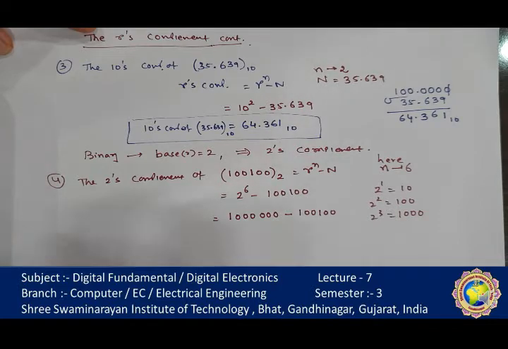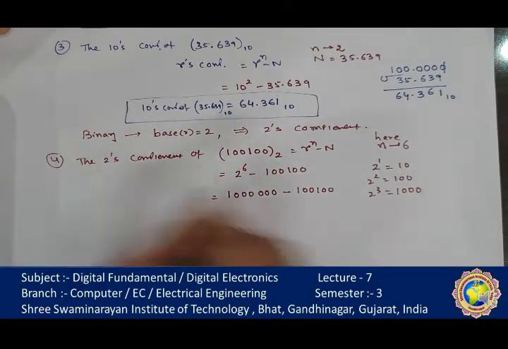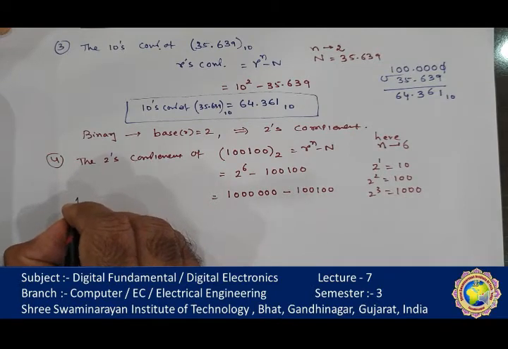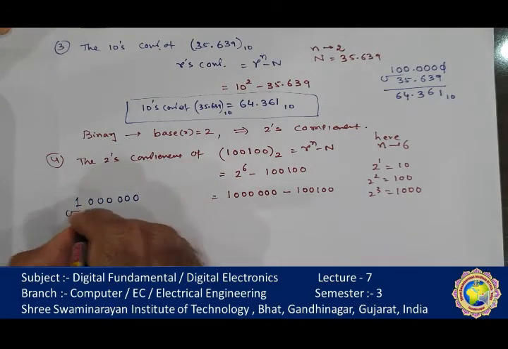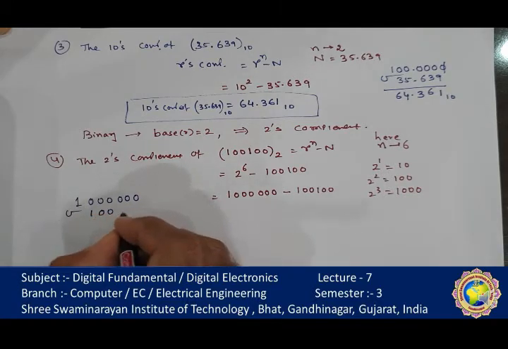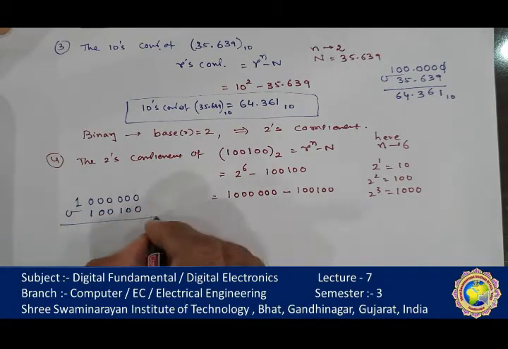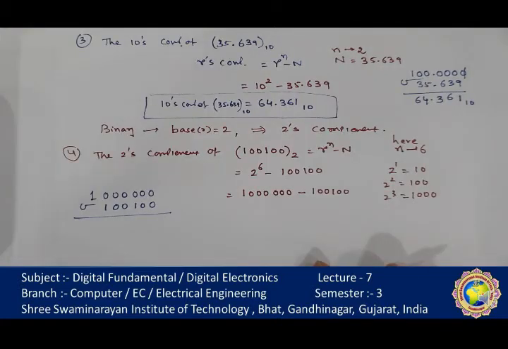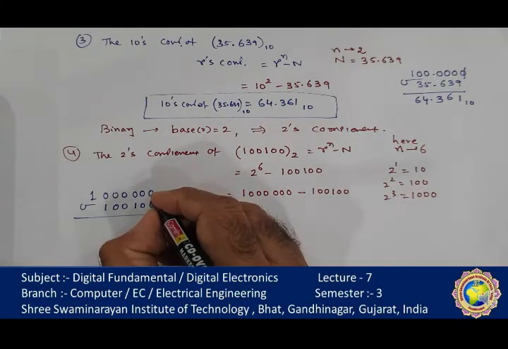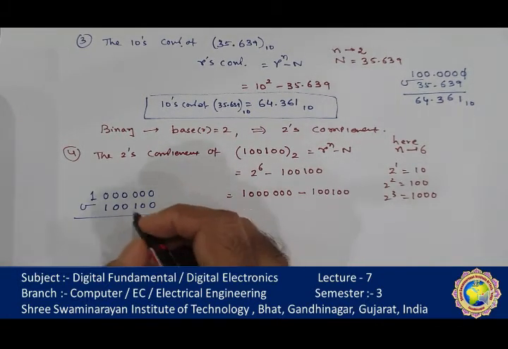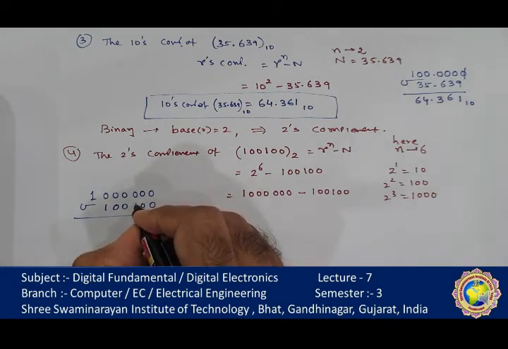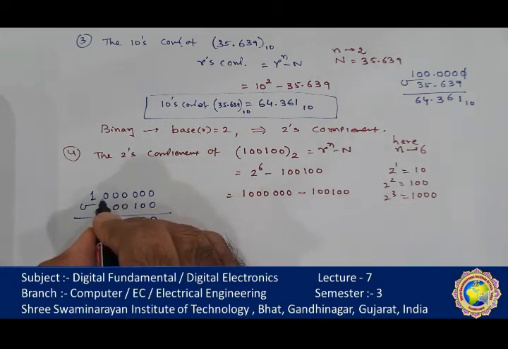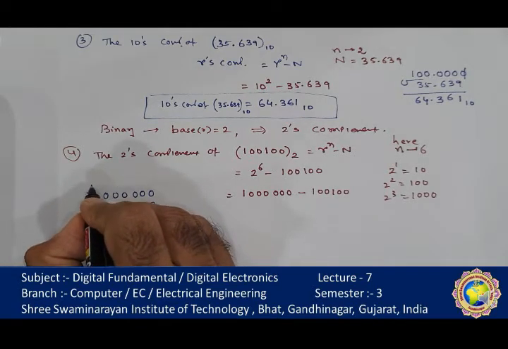Okay, let's perform the binary operation: 1000000 minus 100100. So let us perform the subtraction. 0 minus 0 is 0. 0 minus 0 is 0. 0 minus 1 is not possible, so we have to go towards the left hand side, and the first one is replaced by 0.